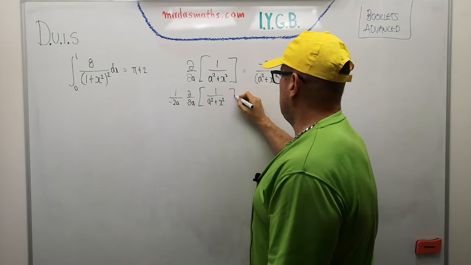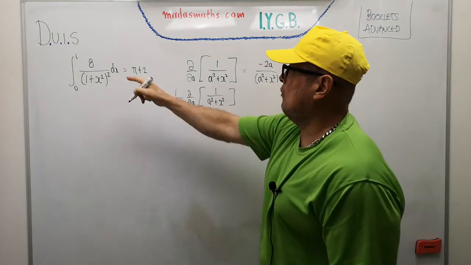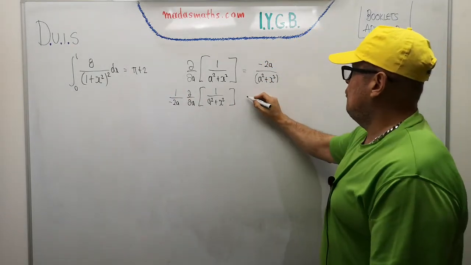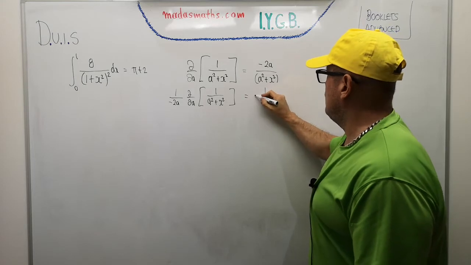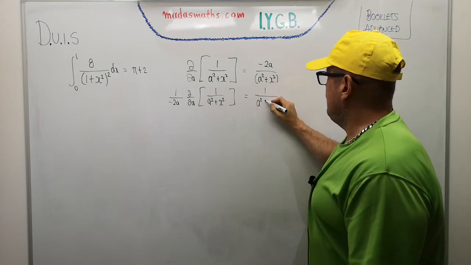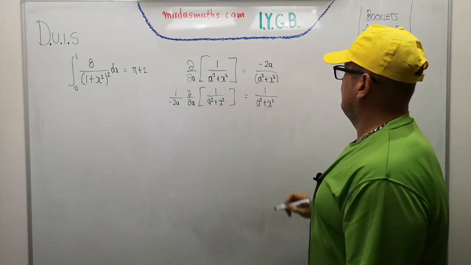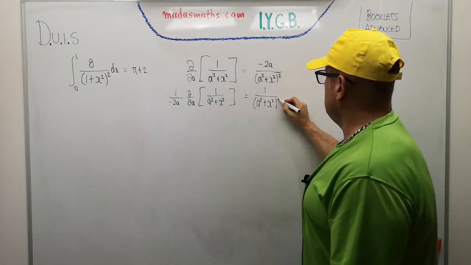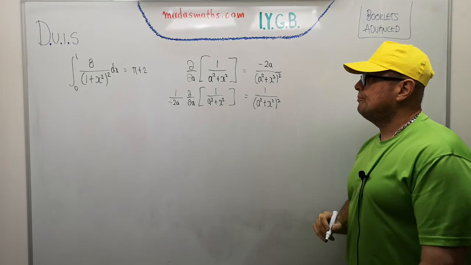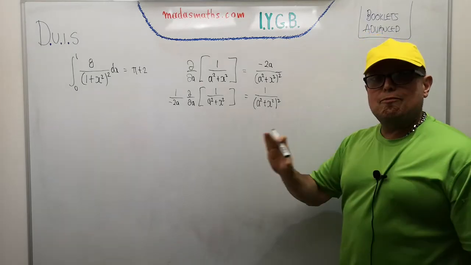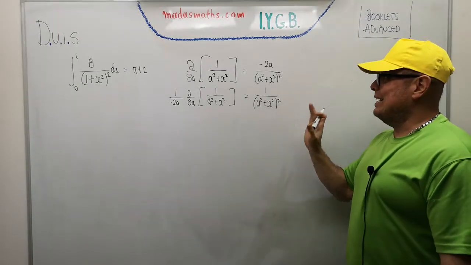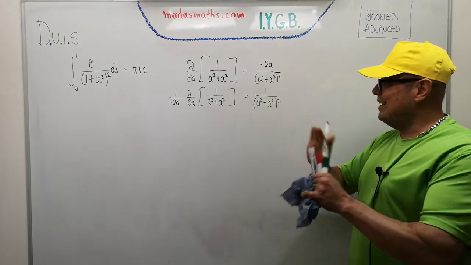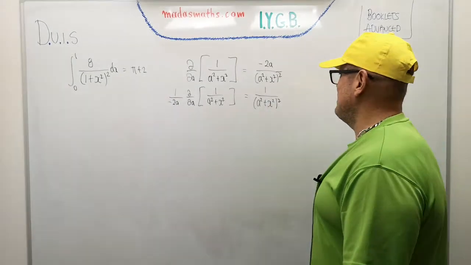All I'm trying to do at this moment is to get this to look as close as possible to the integrand of what I'm trying to find. So it's 1 over a squared plus x squared, and I forgot the squared there, beg your pardon. I did say squared when I was doing it, and I didn't write it. You must know I'm very error prone. Sometimes I'm copying from one line to the other, and I don't know what is happening in my brain.